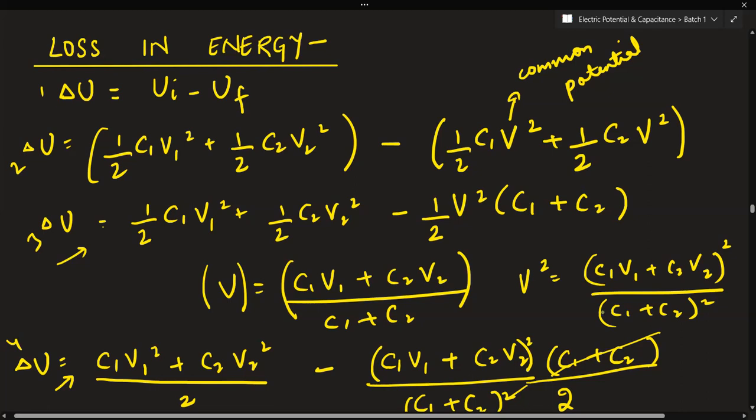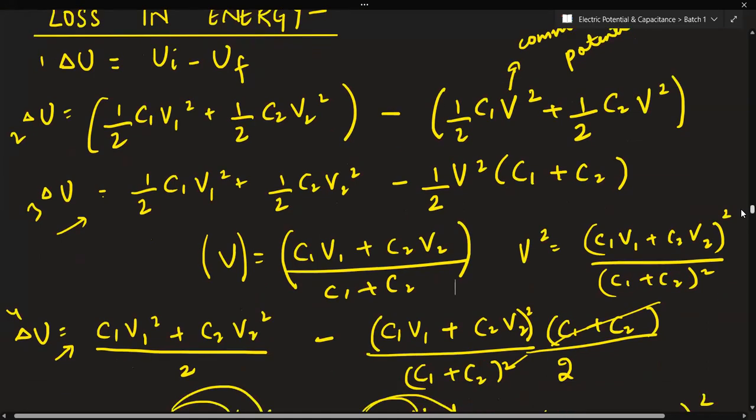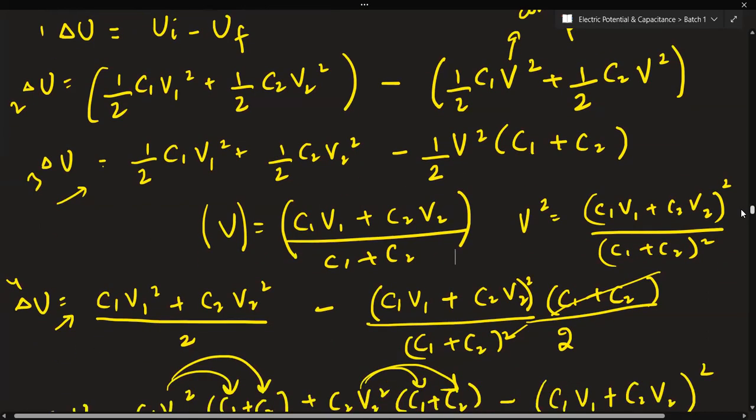Now see, C1 plus C2 is there, and here it is C1 plus C2 whole square. So one bracket of C1 plus C2 whole square can get cancelled with the numerator. So what will be left? (C1V1 + C2V2) whole square divided by (C1 + C2) multiplied by 2. Only this step will be left. It's just that we have added the value of common potential. Is this clear?